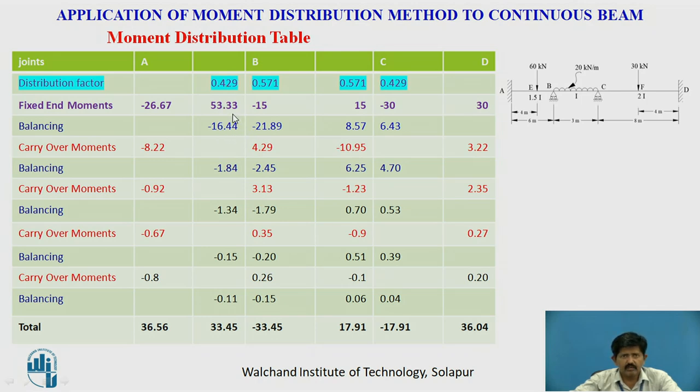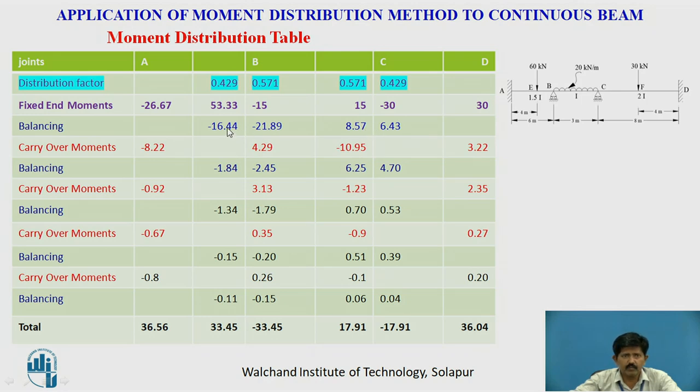So here that is 38.33 into 0.429 will give you 16.44, giving the negative sign here, and again that unbalanced moment multiplying with this 0.571 moment distribution factor, so that comes to 21.89 and giving it opposite sign. So this is the balancing moment. Similarly, the balancing moment is done at joint C.